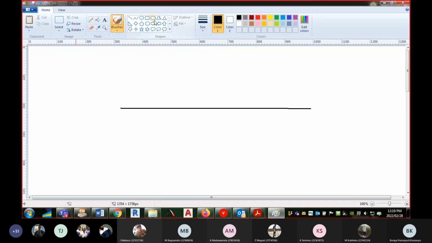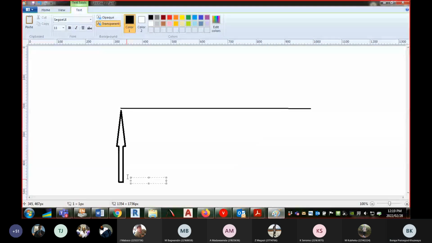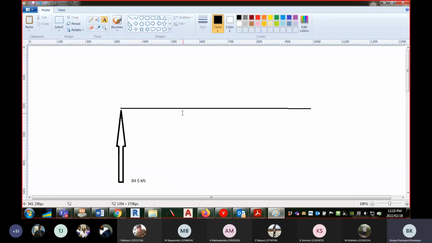We have a support reaction here of 84.5 kilonewton. That's the support reaction. So this is node E, where you have your pin support.